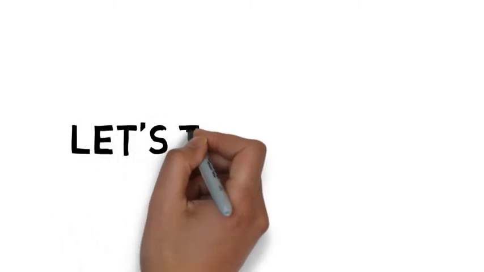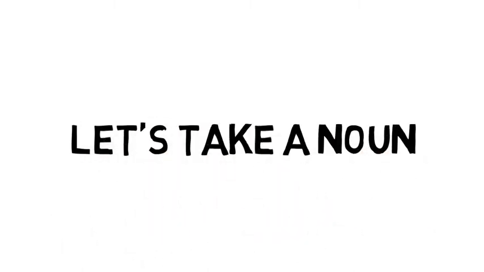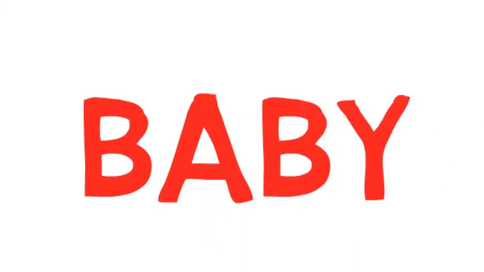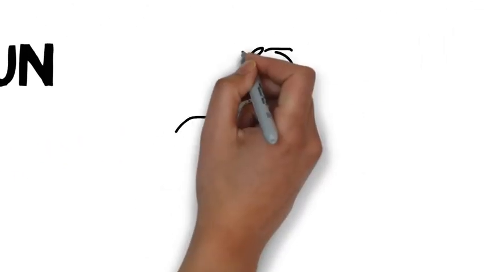Let's take a noun. For example, baby. Now, if we look ahead, we will see the picture of a baby. Now, what is that baby doing? Can you describe that baby?